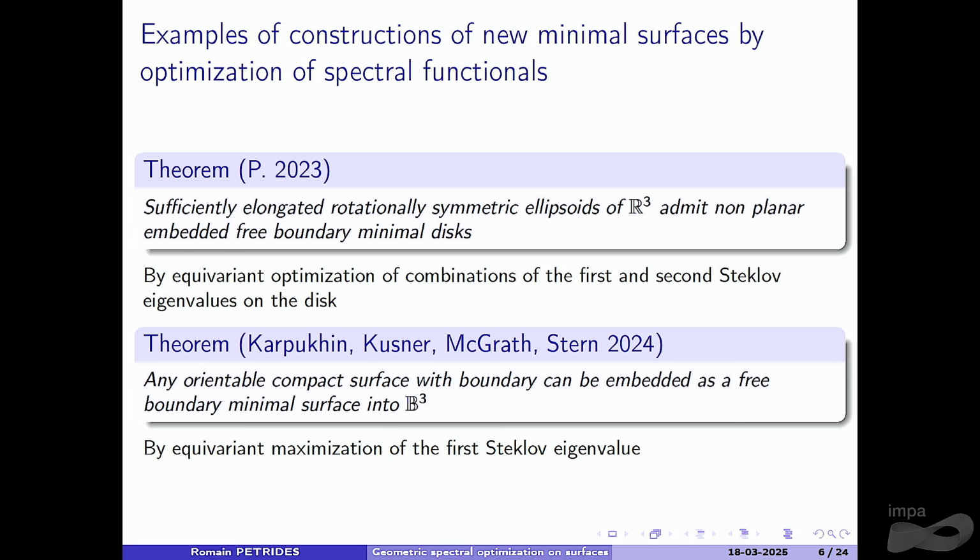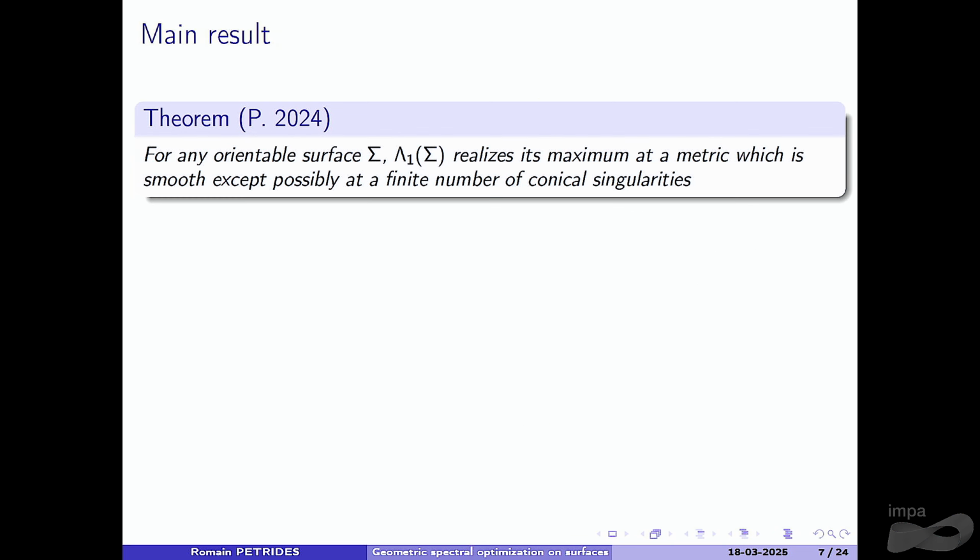So let's go back to our original problem. Do we have a maximizer? The answer is yes. For any orientable surface sigma, lambda 1 of sigma, which is the supremum over all the metrics of the renormalized eigenvalue, realizes its maximum.